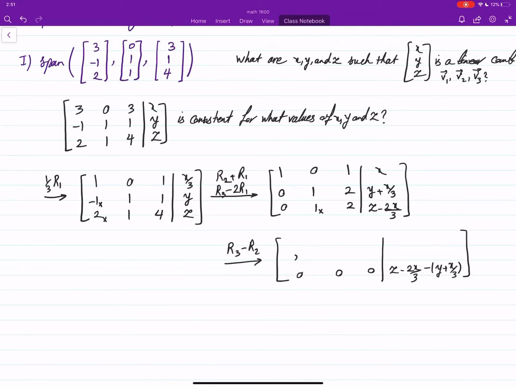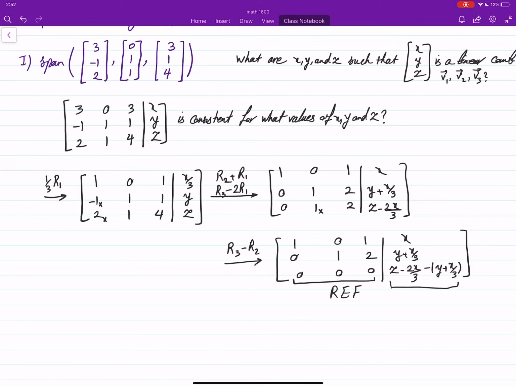And then the rest is the same as before: 1, 0, 1, x over 3, and y plus x over 3. So this is row echelon form, obviously. For the system to be consistent, we need the right hand side of this row equal to 0. Otherwise, this is inconsistent.